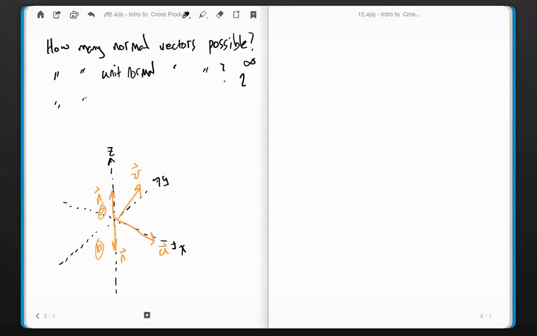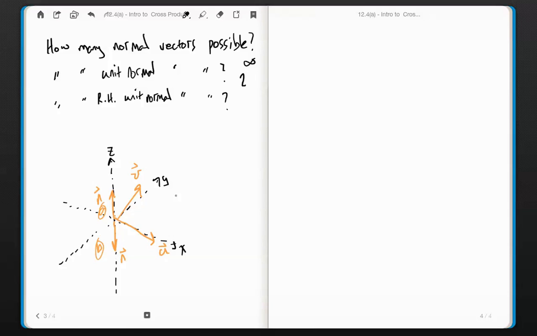And finally, how many right-handed unit normal vectors are possible? Now, what does right-handed mean?